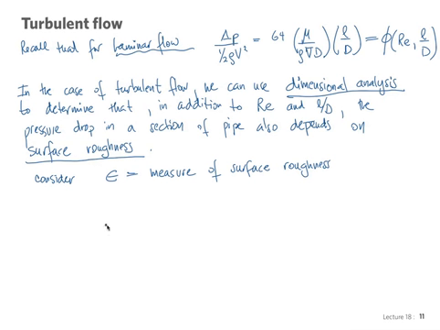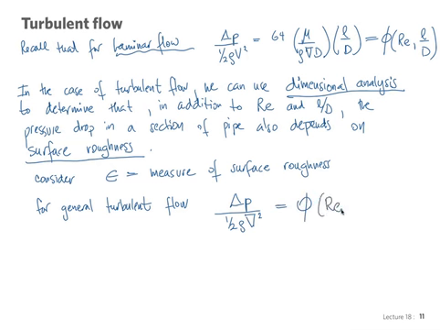And so for general turbulent flow, the pressure drop, delta P over 1/2 rho v squared, is going to be a function of not only Reynolds number and L over D, but also a non-dimensional measure of roughness, epsilon over D. So we have an additional influence to consider, making a parallel with the laminar result.